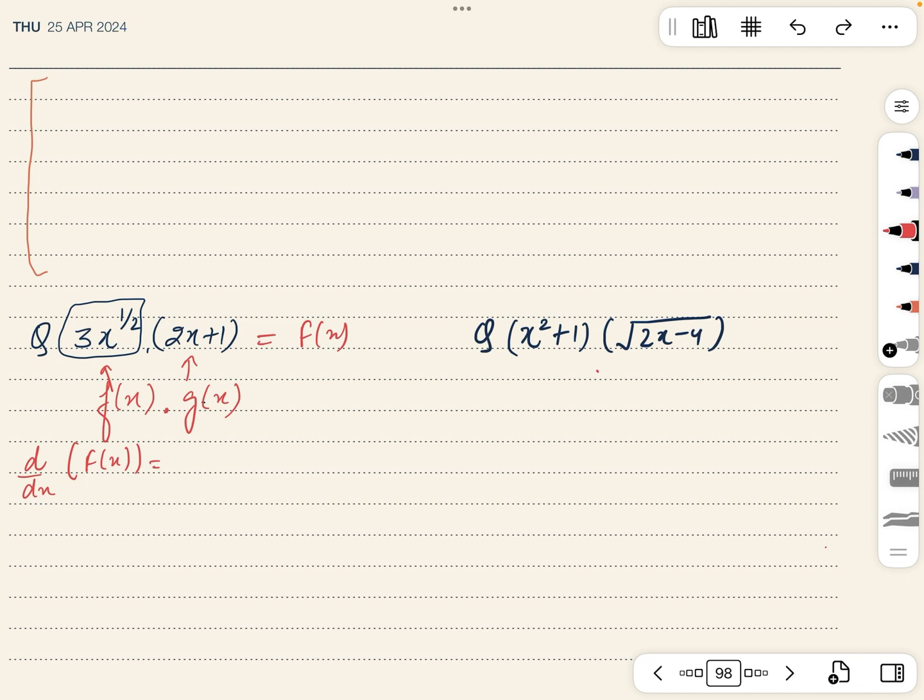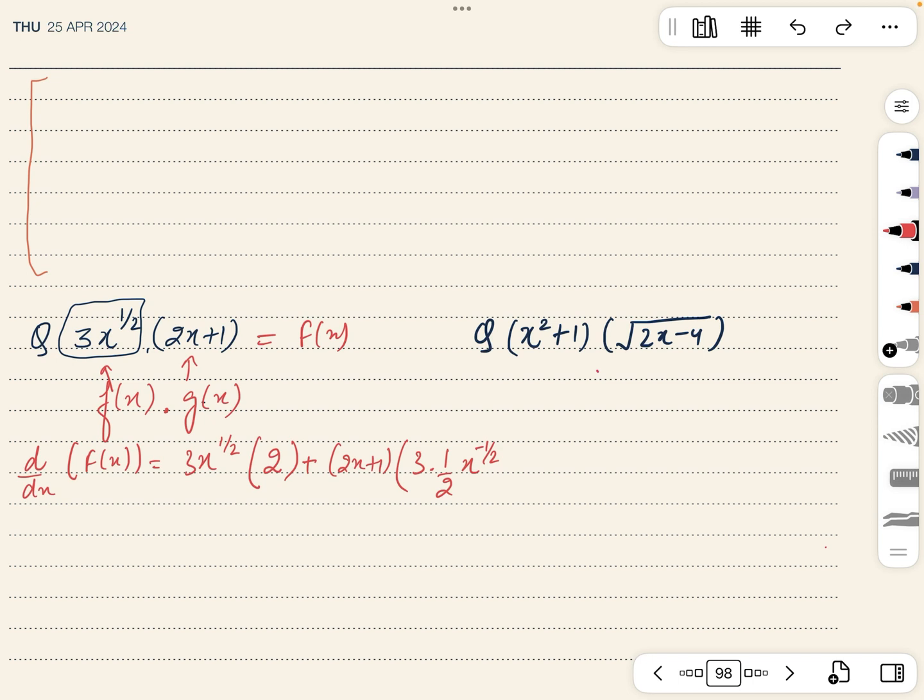So let's keep the first function as it is, 3x to the power of half, but differentiate the second function, which is 2, because the differentiation of 2x plus 1 is 2. Then plus, keep the 2x plus 1 as it is and differentiate the 3x to the power of half. So 3 times half x to the power of minus half is going to be the differentiation.